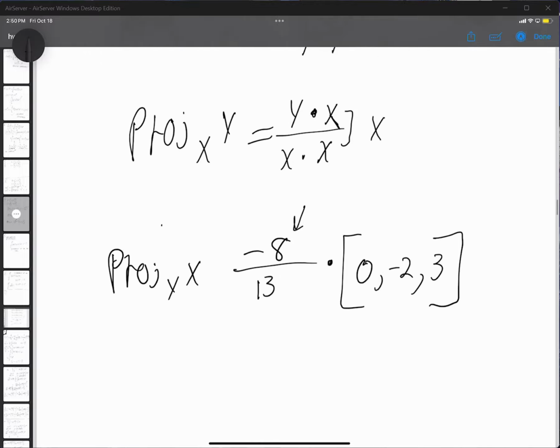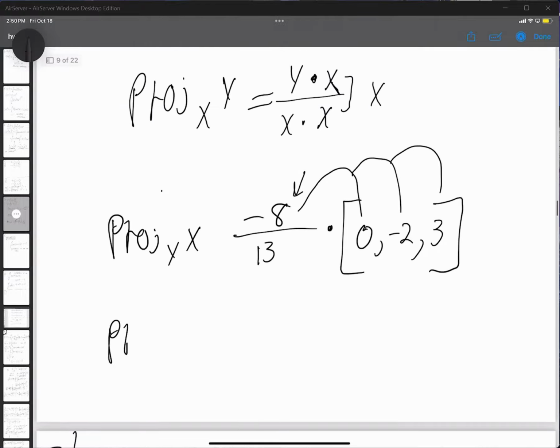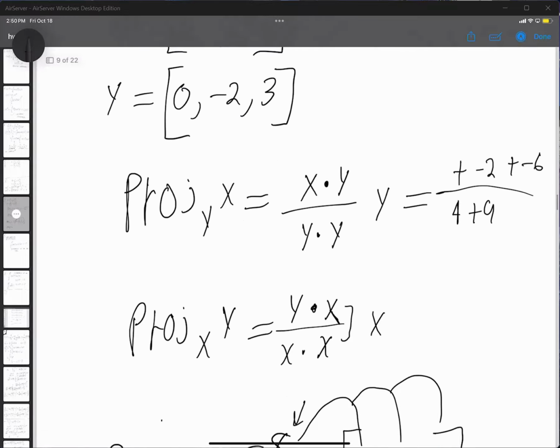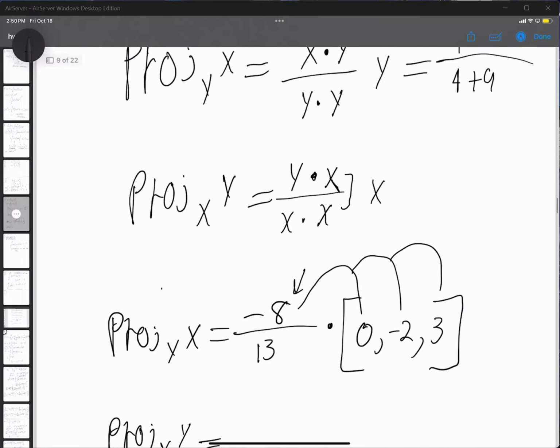So we'll do the other one, projecting x onto y. Use the formula we have here. Remember, we're just swapping them all around. So y dot x, we already did that one.